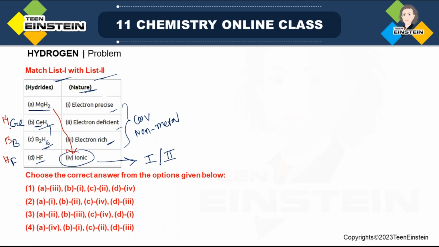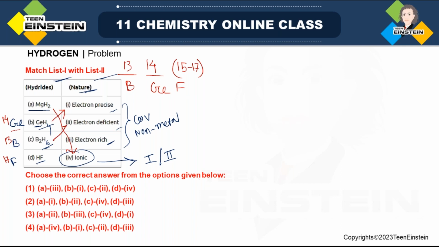Germanium is group 14, which means exactly electron precise. Group 13 is deficient, 14 is precise, and the rest of the groups, 15 to 17, are electron rich. So we have boron, germanium, and fluorine, which is from group 17. That means GeH4 will be electron precise, so B should be 1.